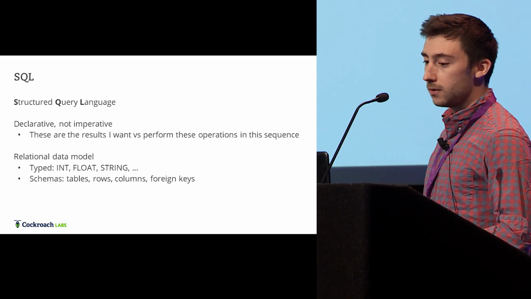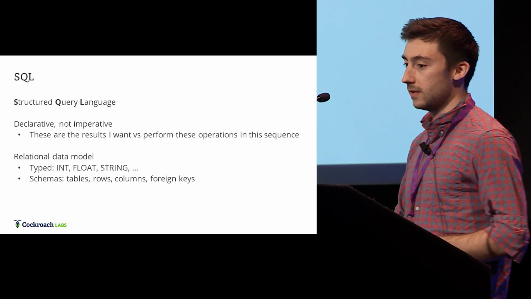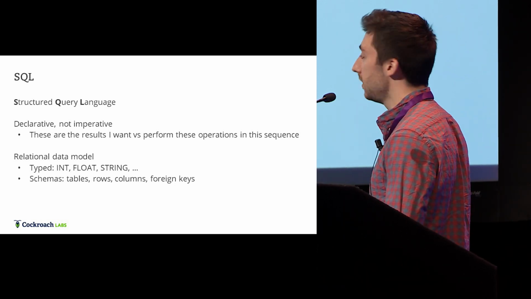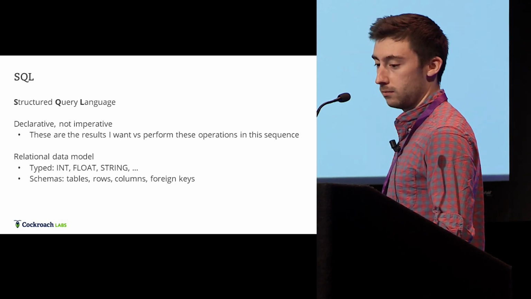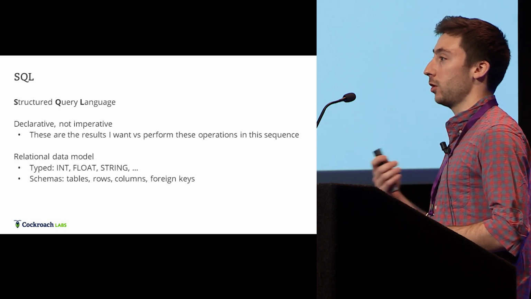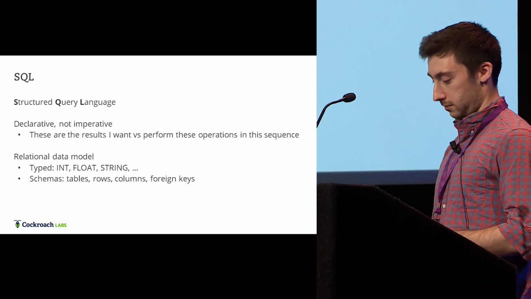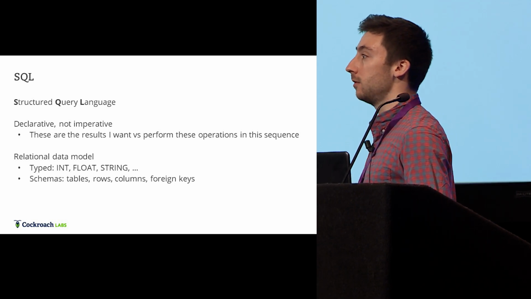SQL is tabular, and tables are composed of rows and columns. The columns are defined in a schema, and these columns have types, like float or string. Tables have optional indexes that provide efficient lookup into the table. And they have foreign keys to enforce referential integrity.